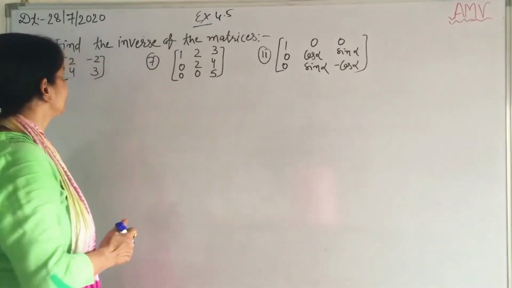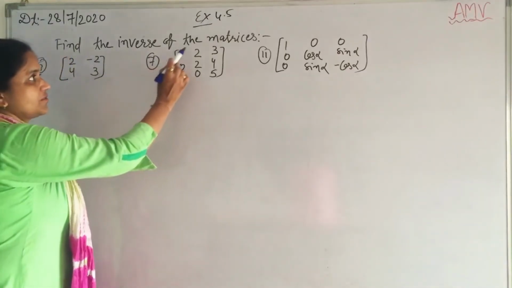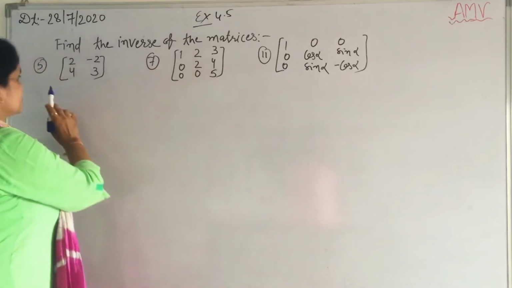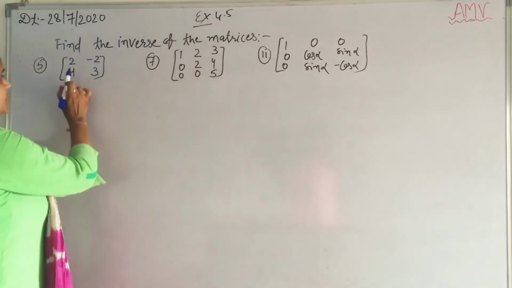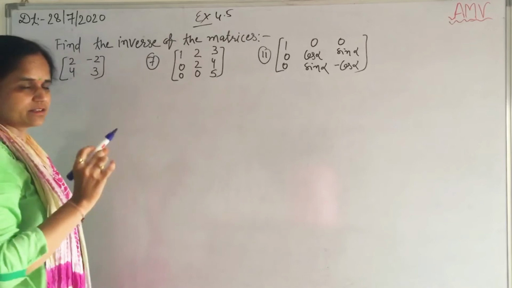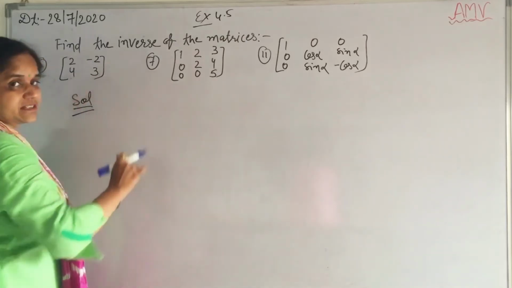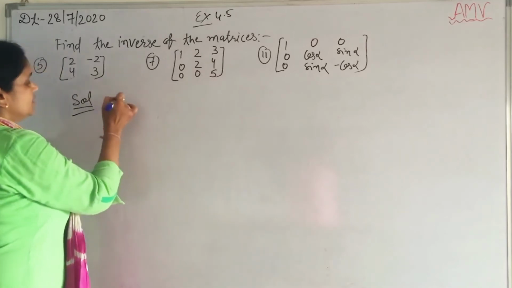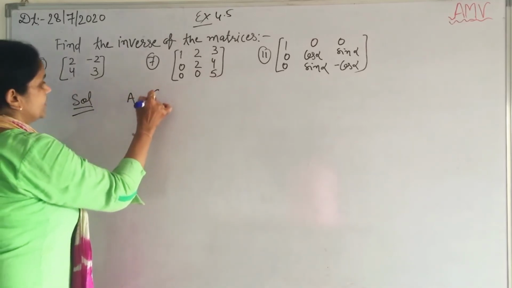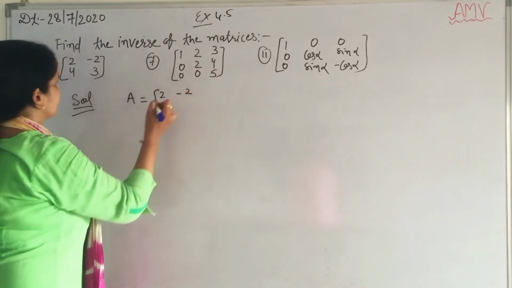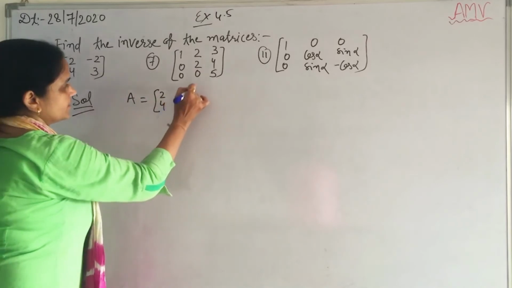Next question, find the inverse of the matrices. Student, the first is given. Okay, 2, minus 2, 4 and 3. It is the fifth question of exercise 4.5, students. So first let it be A, 2, minus 2, 4 and 3.